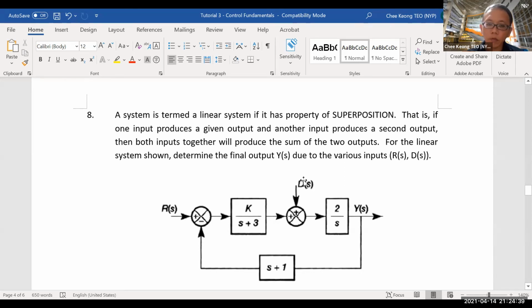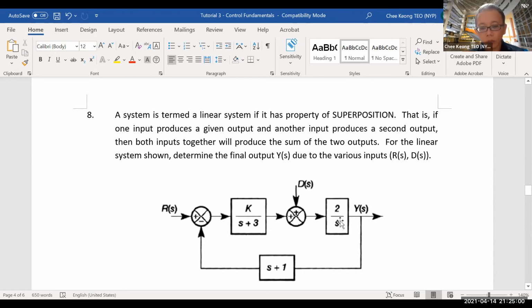That means you have two inputs but one output. You can consider the effect of one input while zeroing the other input and look at y prime. Then you do the same for the other input, call it y double prime, and add both together to get the final result.